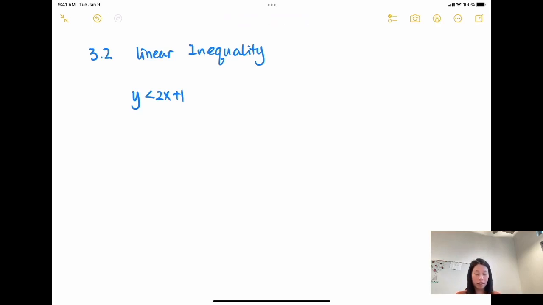So here are the steps. Step 1, you're trying to convert the inequality into the equal sign. Like the less or equal to, you convert it into the equal sign.